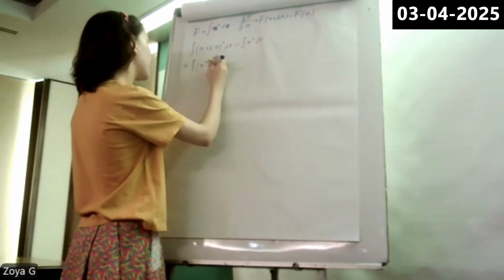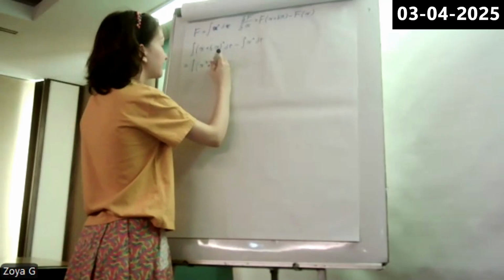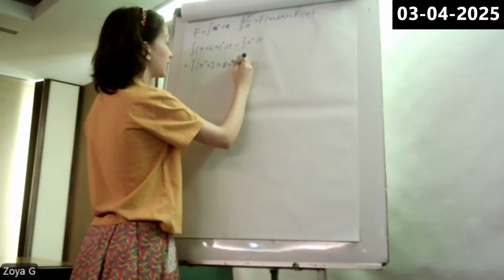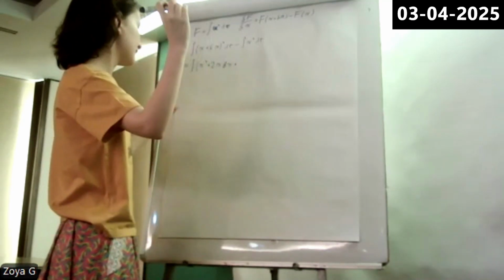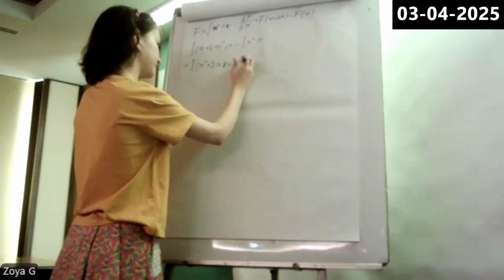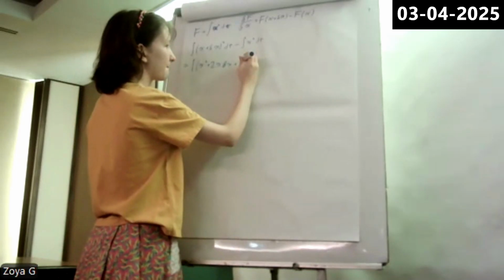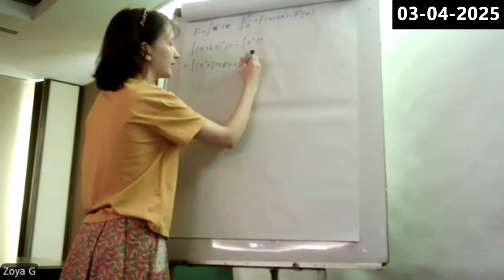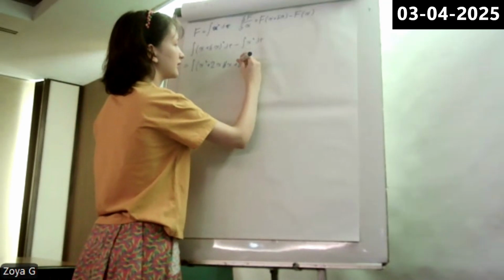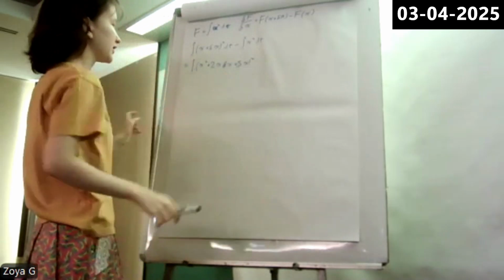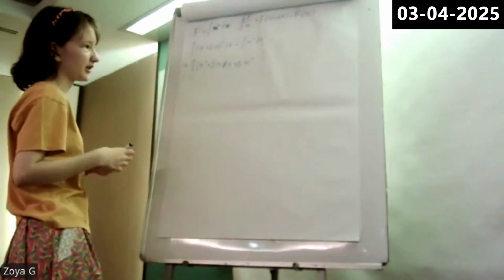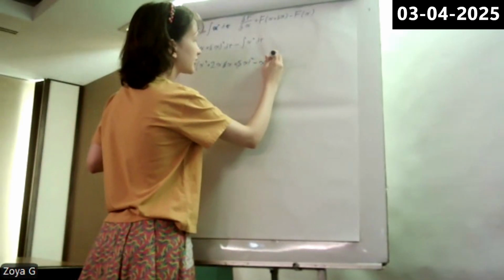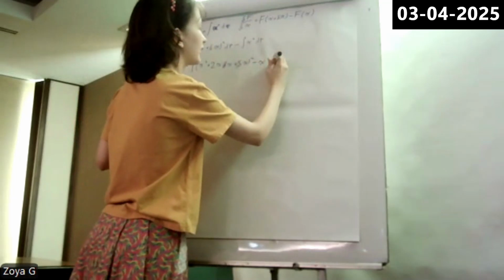Come on, chat. X plus var x, squared. I was thinking about how to denote this properly without it seeming like I'm taking the second derivative, which I'm not doing. Minus x squared, right?